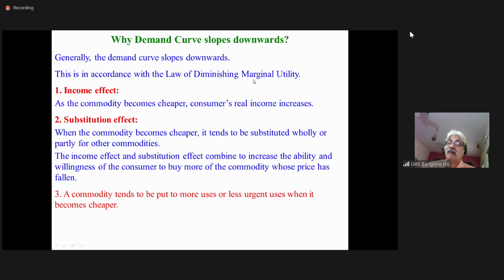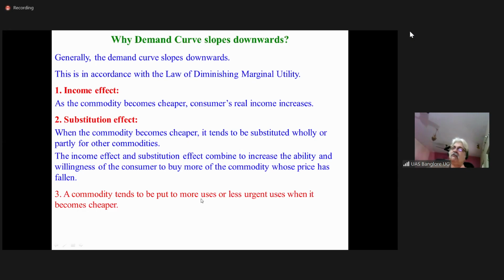Instead of that, we will use a mechanical fan, made of maybe bamboo or plastic, or even arecanut sheet. You prepare the fan and use it physically to get rid of the hot temperature. So a commodity tends to be put to more uses.